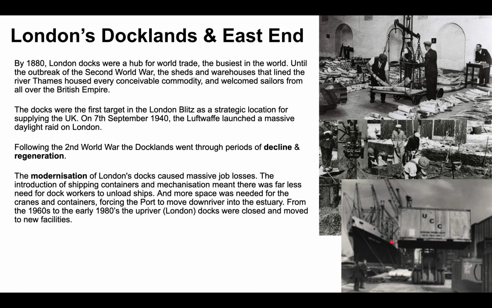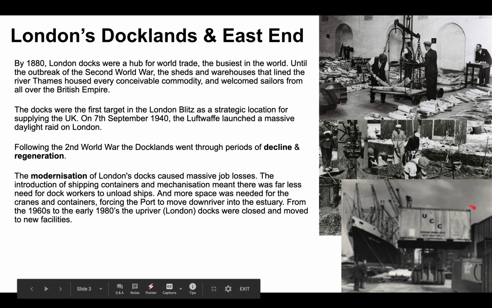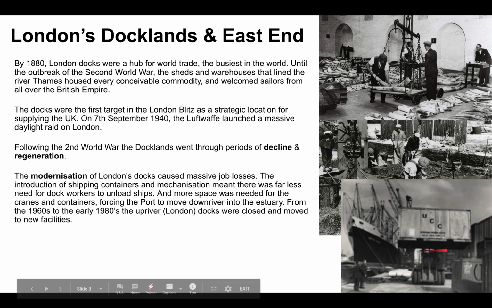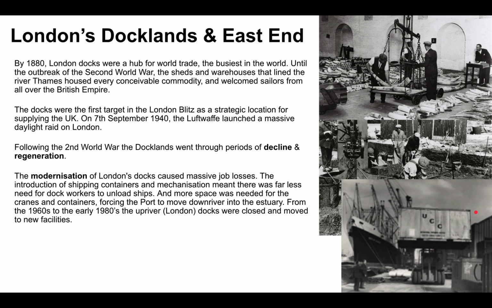Now, this is the start of containerization, having exactly standard containers that ships could load and unload from anywhere in the world. But because of the standardization of this and the use of cranes, rather than using barrels and boxes, there's much less need for humans to roll things on and off.